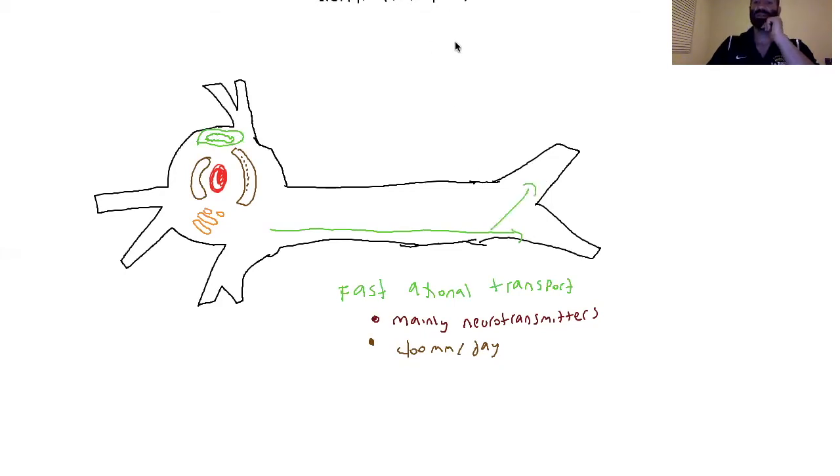Now the next type of transport, which I'll draw here in sky blue, will be slow axonal transport. This is things like large proteins and molecules.